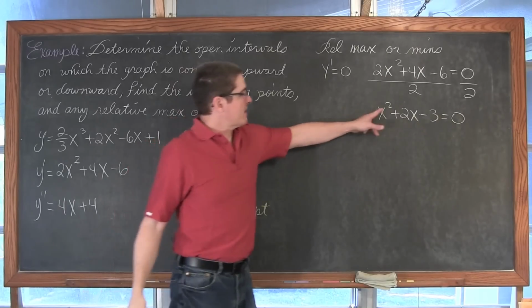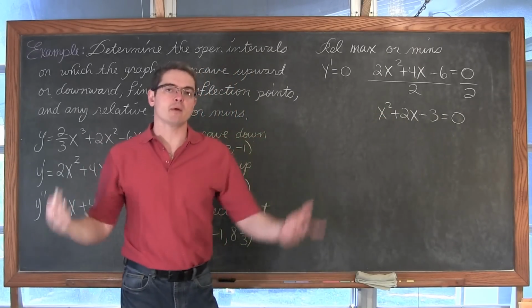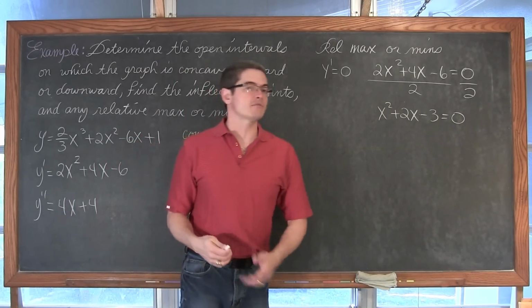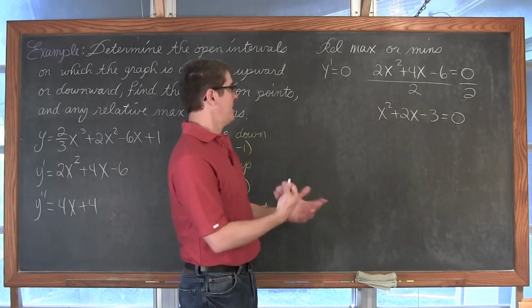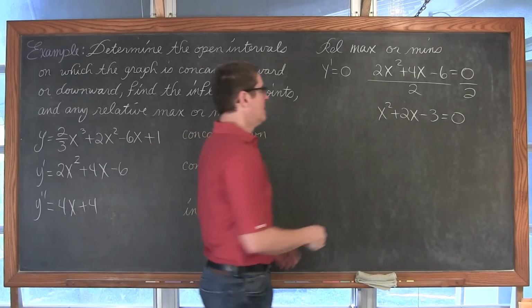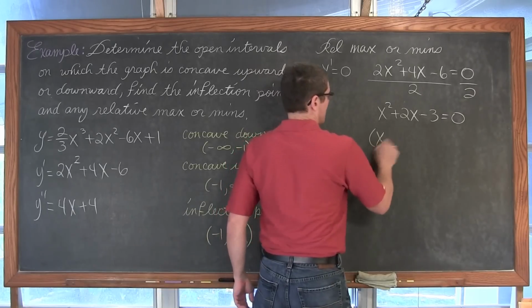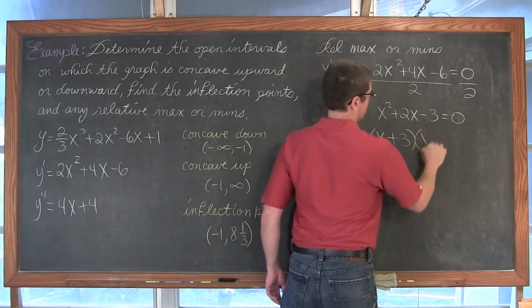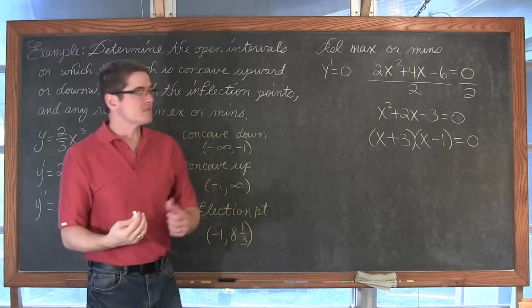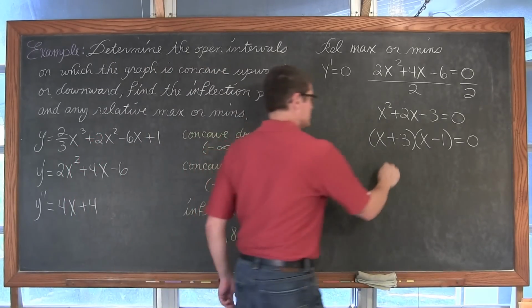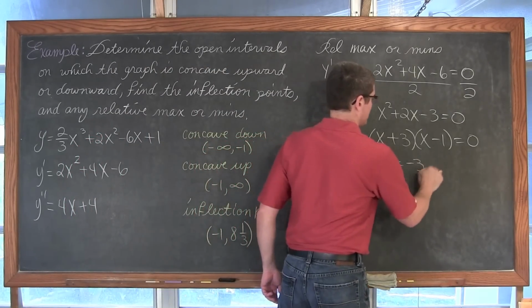That is a quadratic. Of course, we can solve it by factoring, by completing the square, or by the quadratic formula, but it's pretty easily factorable. So this is going to be x plus 3 and x minus 1 is equal to 0. So our first set of critical values is x equal to negative 3 and 1.